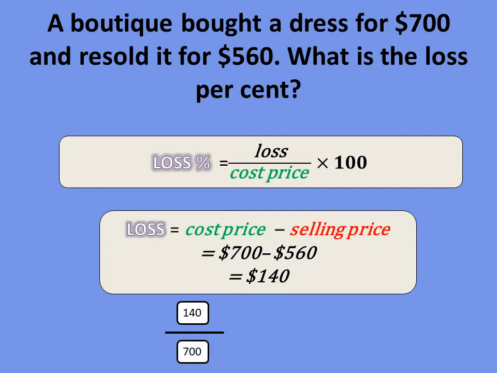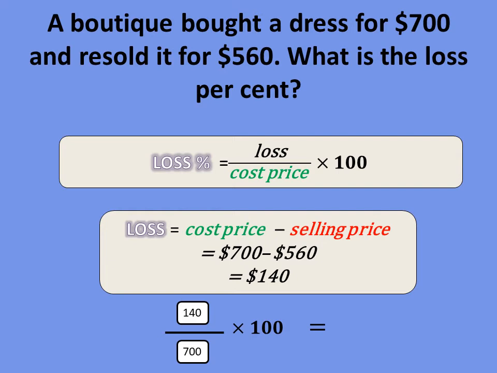So we're going to write our 700. Sorry, not 700. Right, or $700. All right. And then we're going to multiply by 100. And what does that give us?